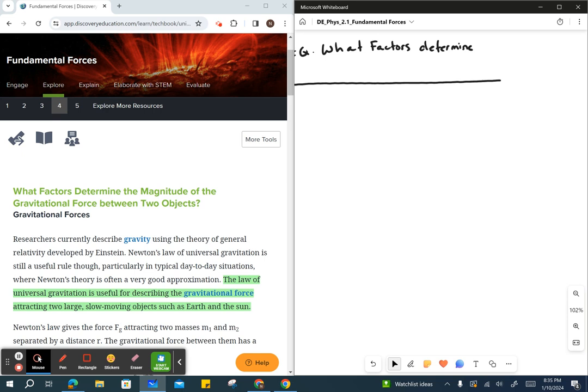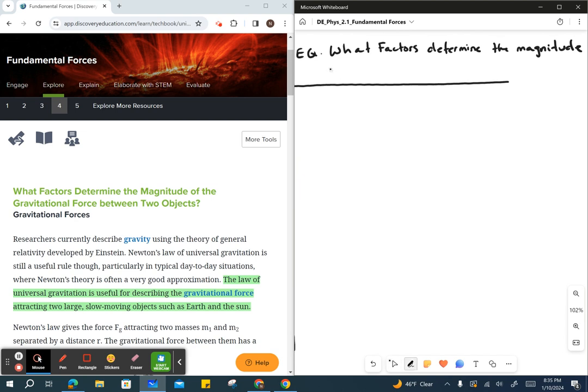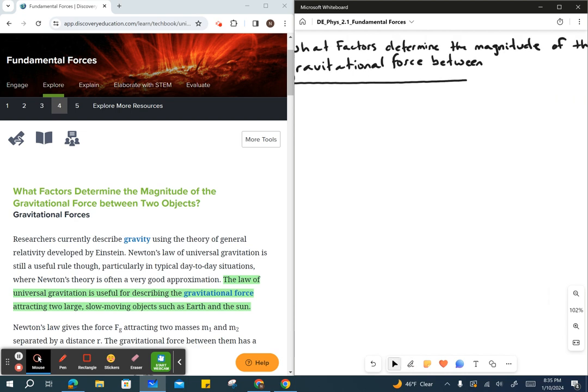What factors determine the magnitude of the gravitational force between two objects.